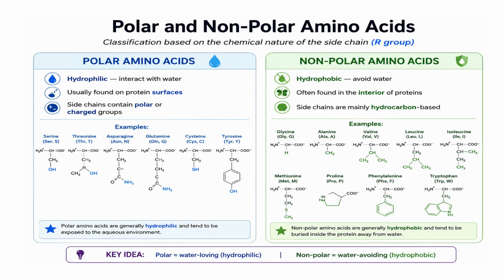In many proteins, nonpolar amino acids tend to be located in the interior, away from water. Examples include alanine, valine, leucine, isoleucine, methionine, proline, phenylalanine, and tryptophan. In simple terms, polar amino acids interact favorably with water, whereas nonpolar amino acids tend to avoid water.